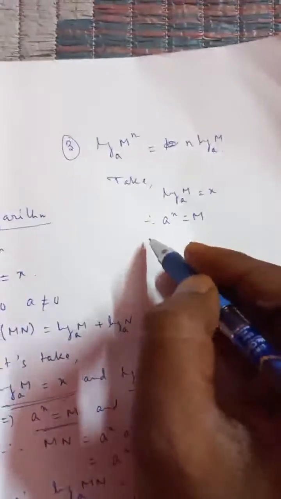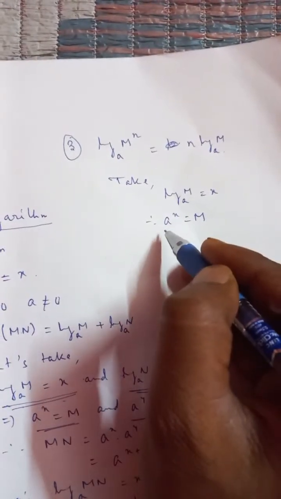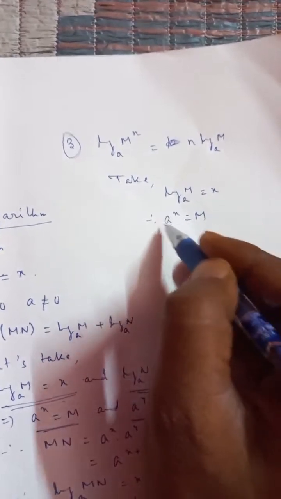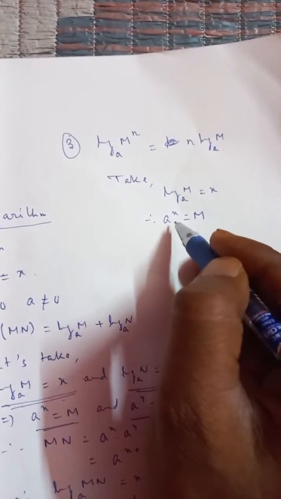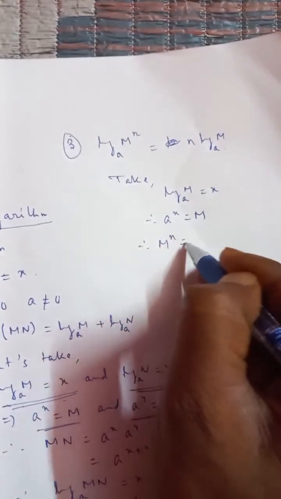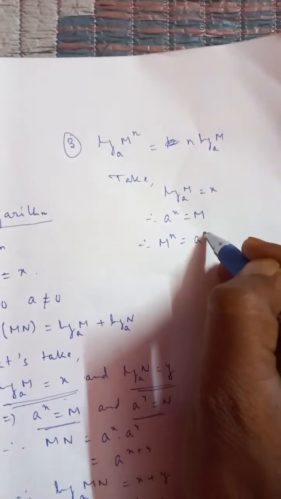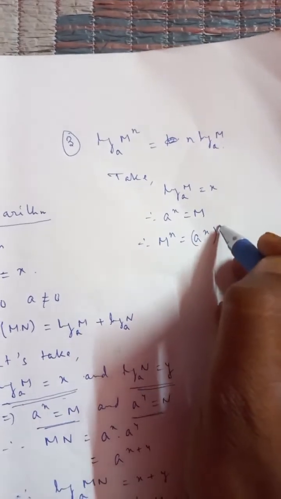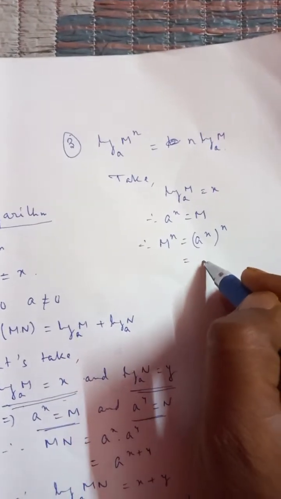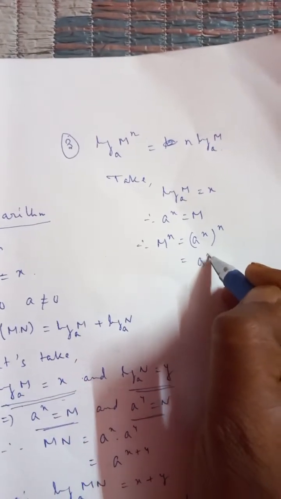Now if we take m to the power n, then we have a to the power x to the power n. So by the third formula we have a to the power nx.